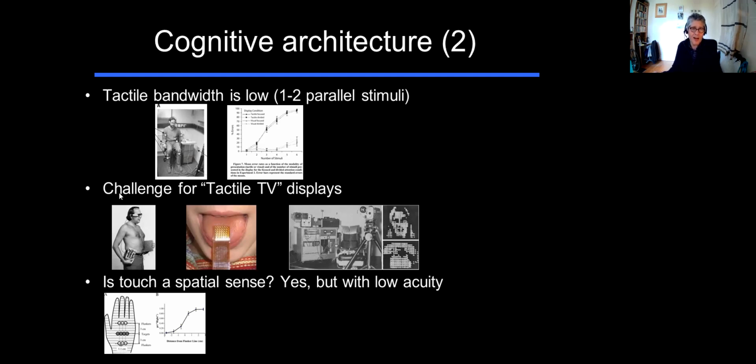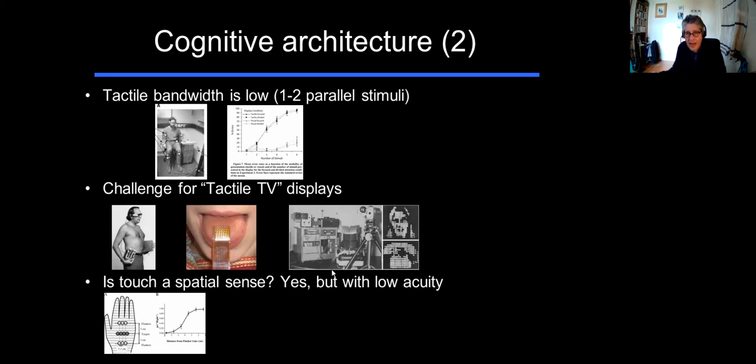So this is one of the stranger images in tactile neuroscience. I'm afraid I couldn't resist downloading it simply because it's so bizarre. I hope nobody objects to it. And here, this person has an array of tactile stimulators on their back, which are connected to cameras in their glasses.